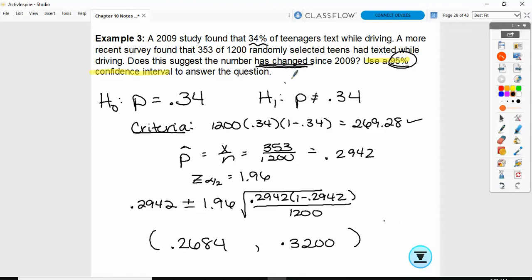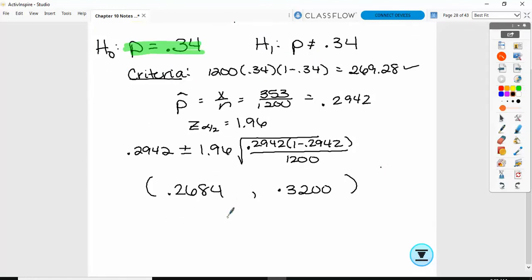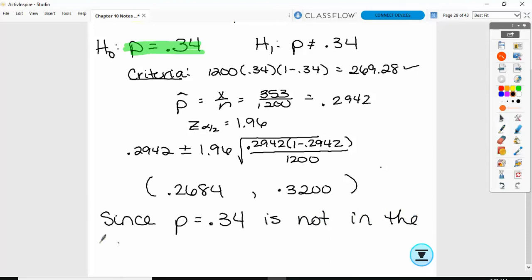So now the question is, we have to make some kind of conclusion. I want to know if this suggests the number has changed. Our null hypothesis was that the proportion is 0.34. Is 0.34 in this interval? No. So we are 95% confident the true value is between these two numbers.